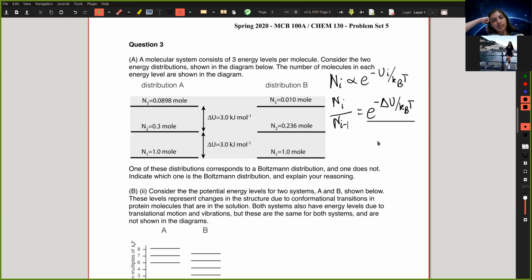In other words, for the Boltzmann distribution, we can expect the ratio of the number of molecules at each energy level to be roughly the same. So to find which distribution is Boltzmann, you would take the ratios n2 to n1 and n3 to n2 for each of the two distributions, and whichever preserves the ratio to within a reasonable margin of error is your Boltzmann distribution.